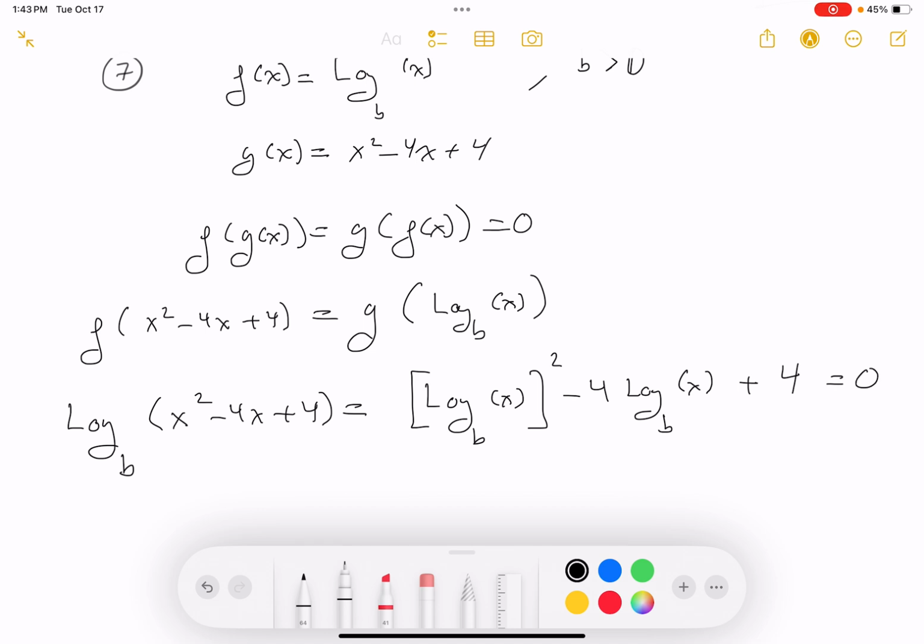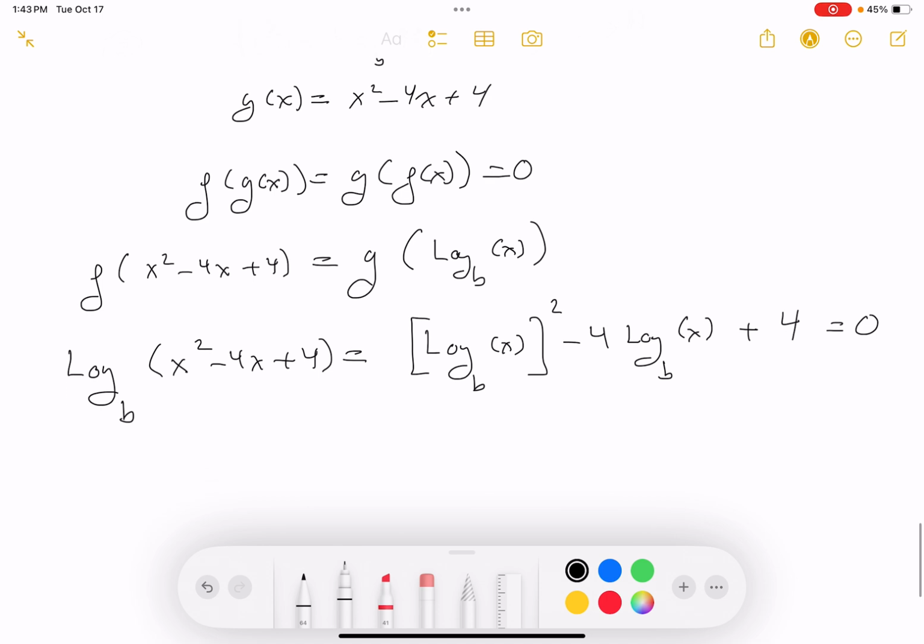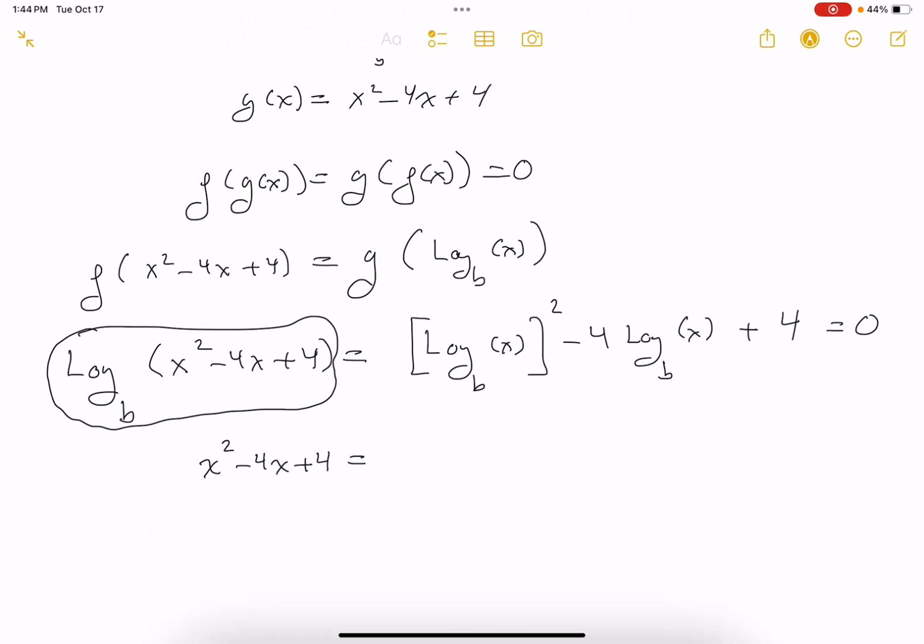So I have to write this down now. And then the question is, which one do you take there? I don't know. Take a look at that and see if I can do that. And I'm going to say x squared minus 4x plus 4, I'm looking at this over here, is equal to b to the 0.